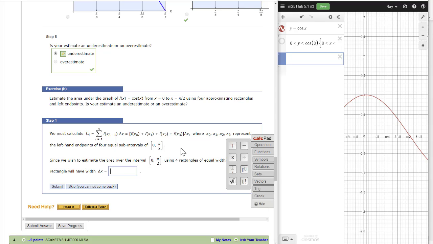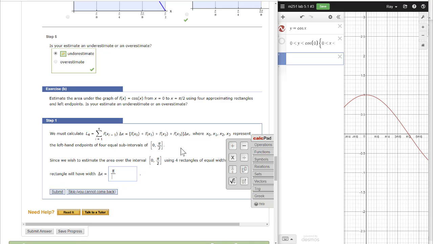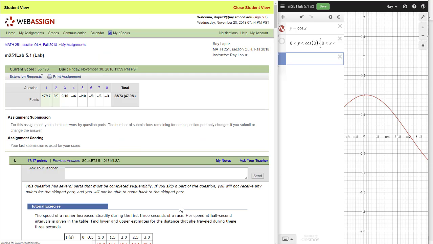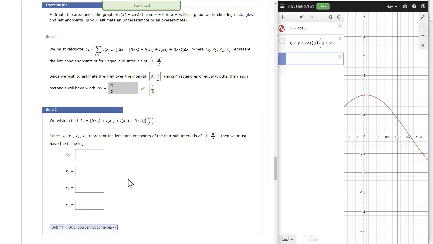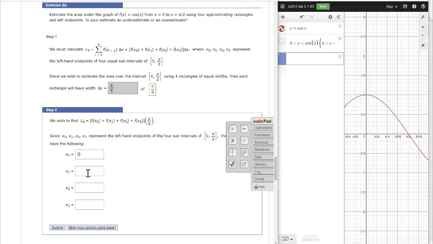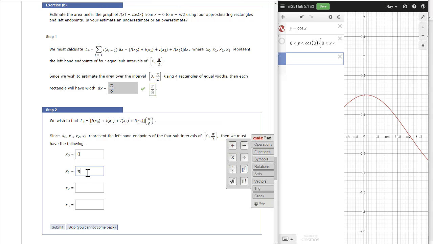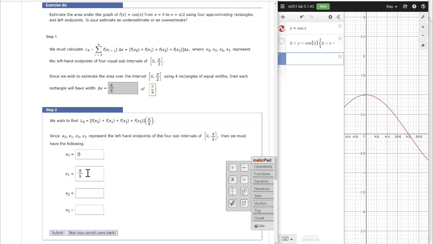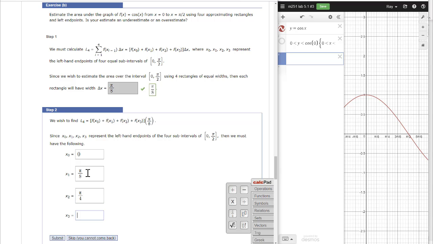Our width for 4 equally spaced rectangles is going to be pi over 8. So this time we're starting with 0, then pi over 8, then adding pi over 8 to that you get pi over 4, and then 3 pi over 8.